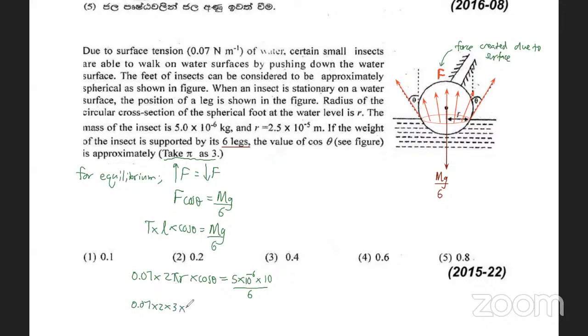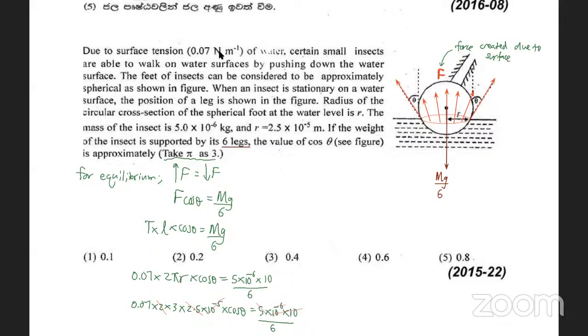What is r? 2.5 into 10 to the power minus 5, into cos theta, equals 5 into 10 to the power minus 6, into 10 over 6. Let's get rid of certain things. Here I have 2.5 into 2. People, this 2 and 2.5 can be simplified with this 5. I have 10 to the power minus 6 into 10. That entire thing can be cancelled out with this 10 to the power minus 5.